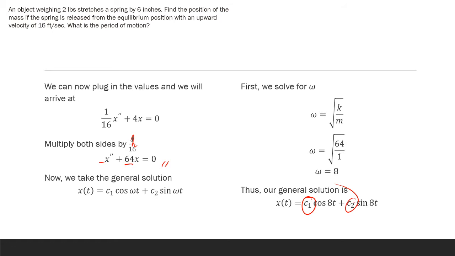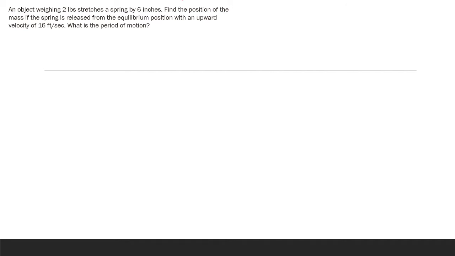So, kung ganon, we need two initial conditions then. Now, saan tayo kukuha ng initial conditions? Well, that is from the statement. So, find the position daw of the mass if the spring is released from equilibrium position with an upward velocity of 16 feet per second. So, yun yung gagamitin natin ngayong class to find kung ano yung initial conditions natin.